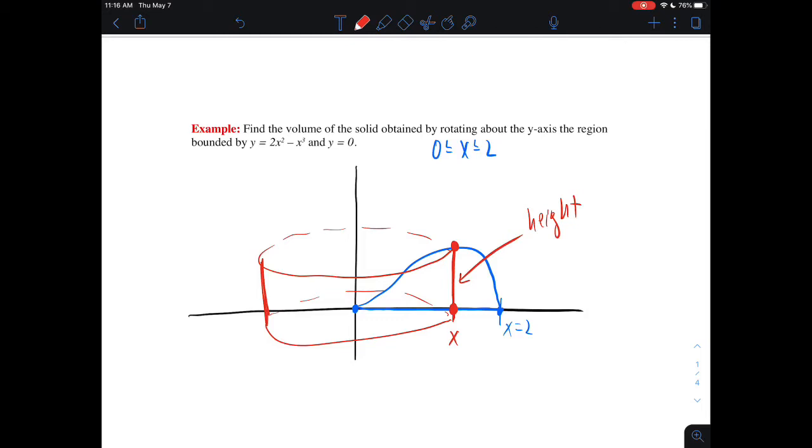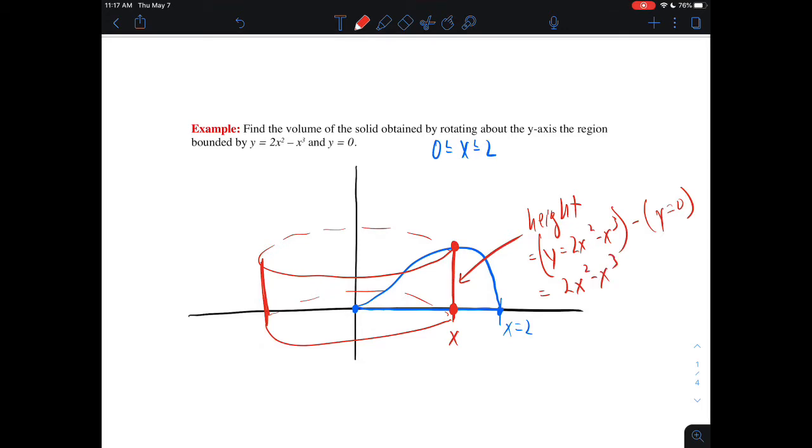So just like I did in the previous section, the dot at the top comes from y equals 2x squared minus x cubed, and then the dot at the bottom comes from y equals 0. So really my height is 2x squared minus x cubed, that's the top function, minus 0. So it's just 2x squared minus x cubed.